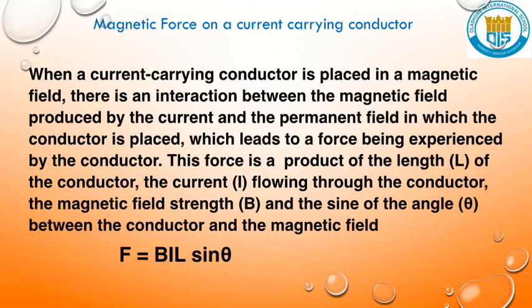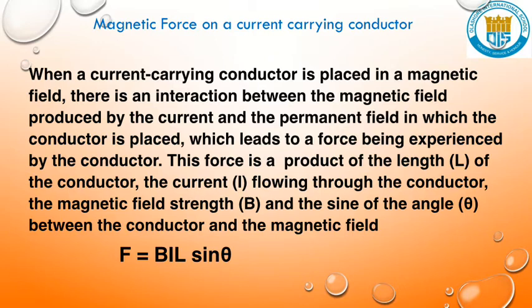Now, to find that force, you just multiply the magnetic field strength, which is what B stands for, by the current flowing through the conductor and the length of the conductor, and then by the sine of the angle at which the conductor is placed in the magnetic field of the magnet.